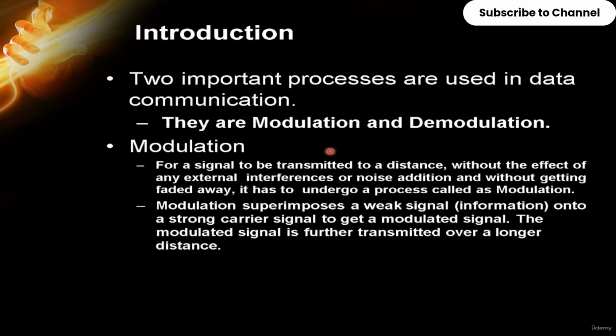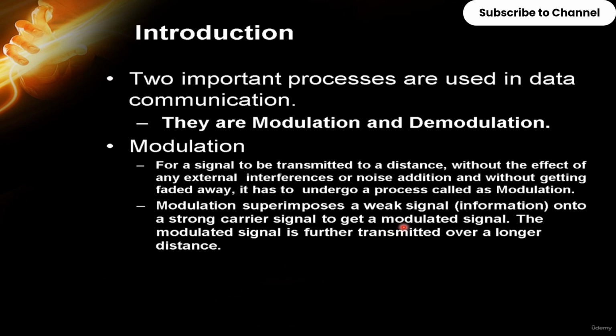Modulation is used in signal transmission for long distance communications. For the signals to be transmitted from sender to receiver without any interference or noise, the signals need to undergo a particular process called modulation. It improves the strength of the signal without disturbing the other signals.